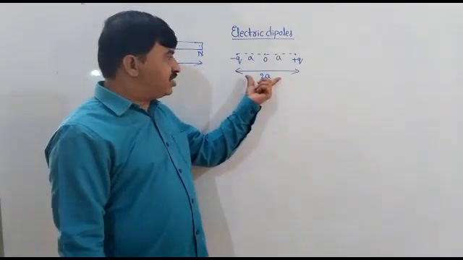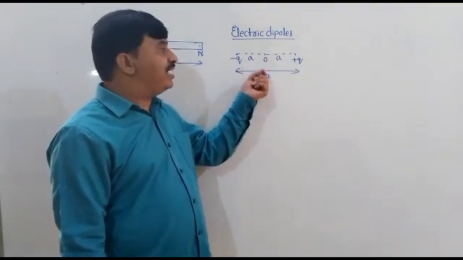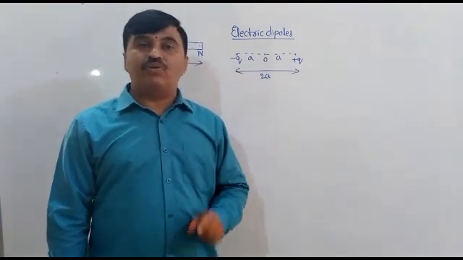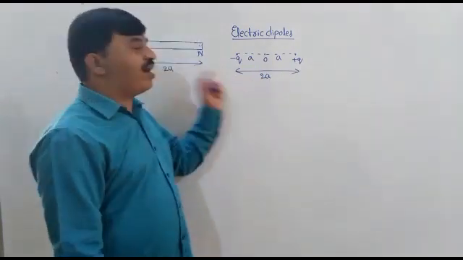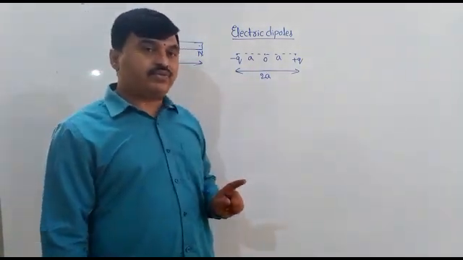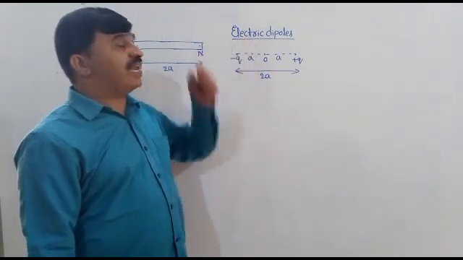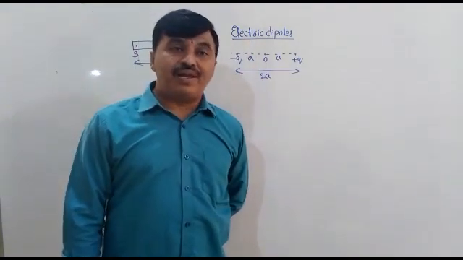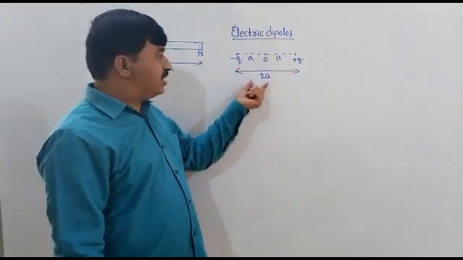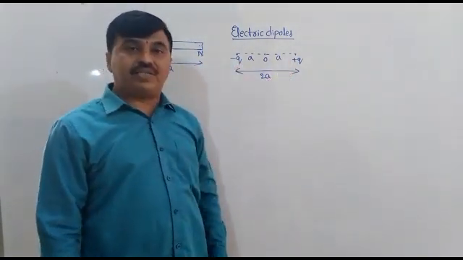By considering this distance of separation as 2a, the mathematical expressions will be simple. So for our convenience, we are considering it like this. You need not worry about it. Okay, students? So let me once again tell you what an electric dipole is. It is an arrangement of two equal and opposite charges separated by a small distance.